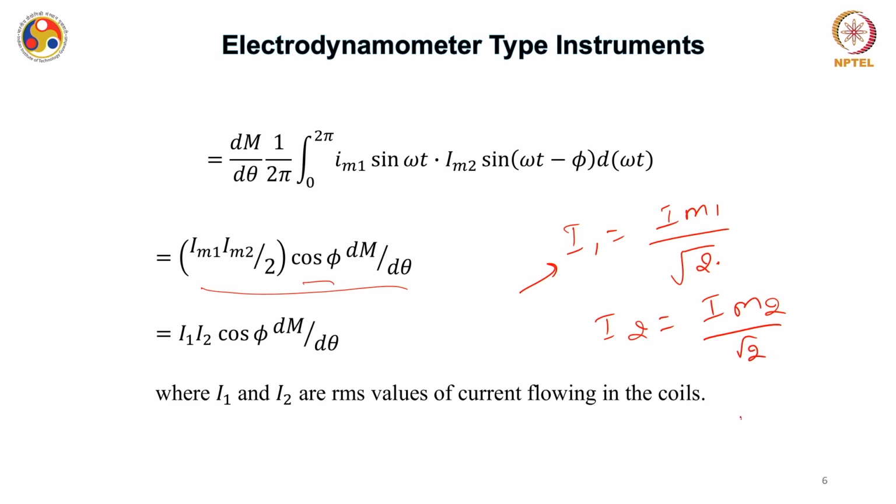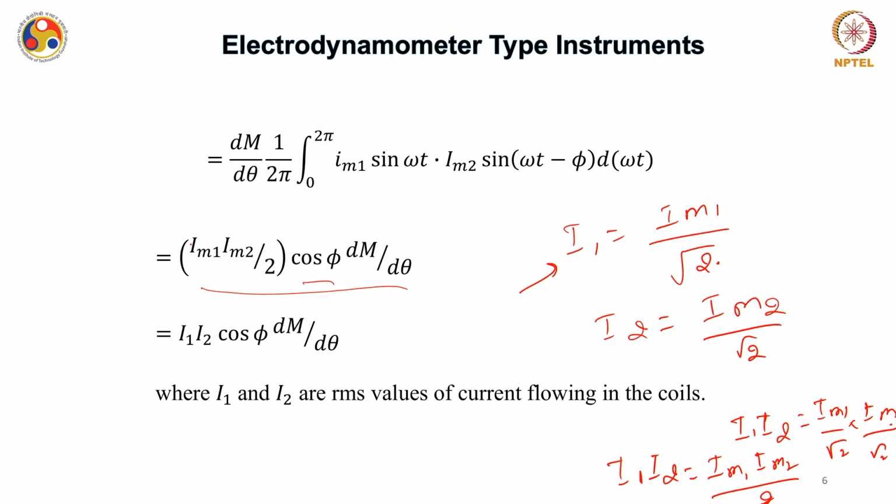If I find I1 into I2, it is Im1 by root 2 into Im2 by root 2, so I1 into I2 equals Im1 into Im2 divided by 2.